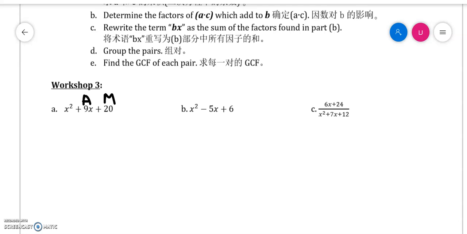What are two numbers that do that? That would be 4 and 5. So then we'll do x plus 4, x plus 5. But that's the easy case when the coefficient in front of x squared is 1.